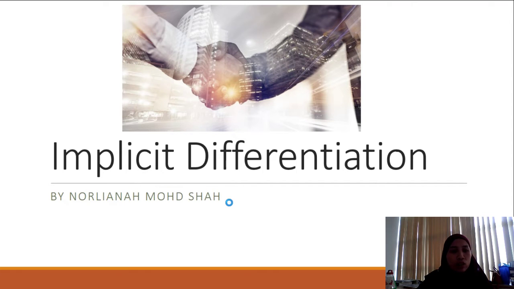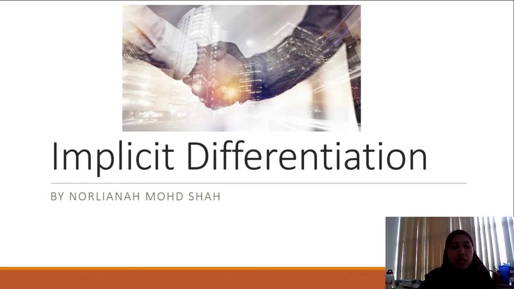Okay, let's continue with implicit differentiation. But before that, do you know what is implicit function? Implicit function, not implicit differentiation yet.